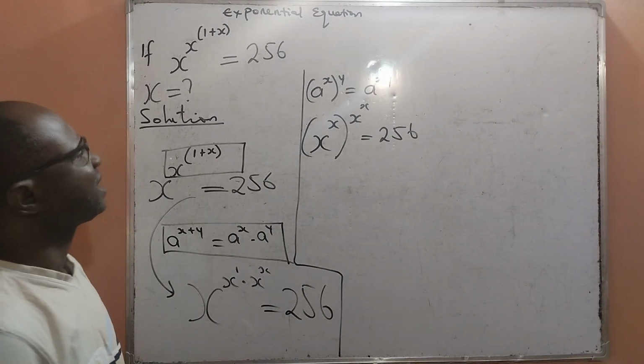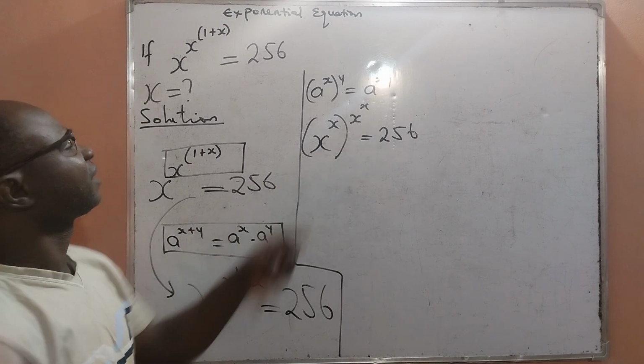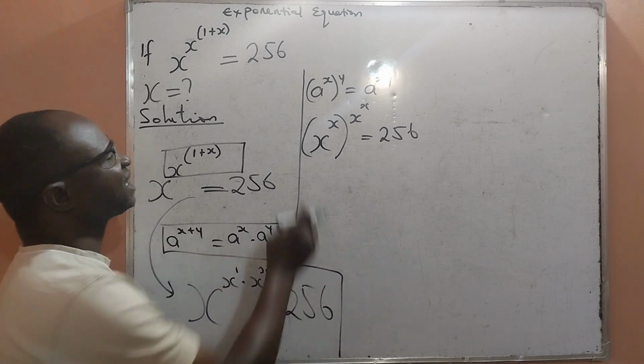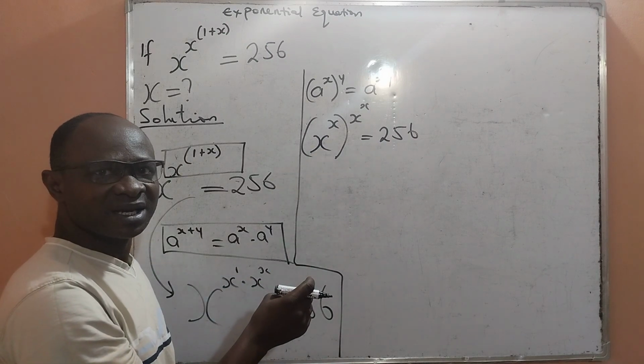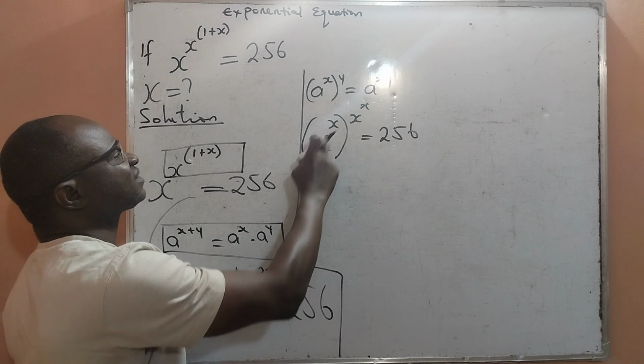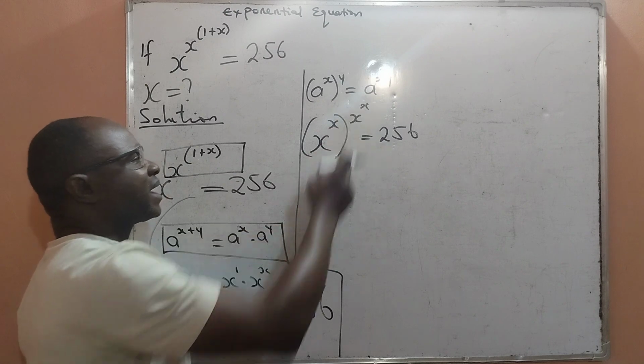Now, as it is, if you look at the left hand side, you will agree with me that the base is the same thing as the power. The base here is what I have in the bracket, x raised to the power x, and then the power outside the bracket is still x raised to the power x.